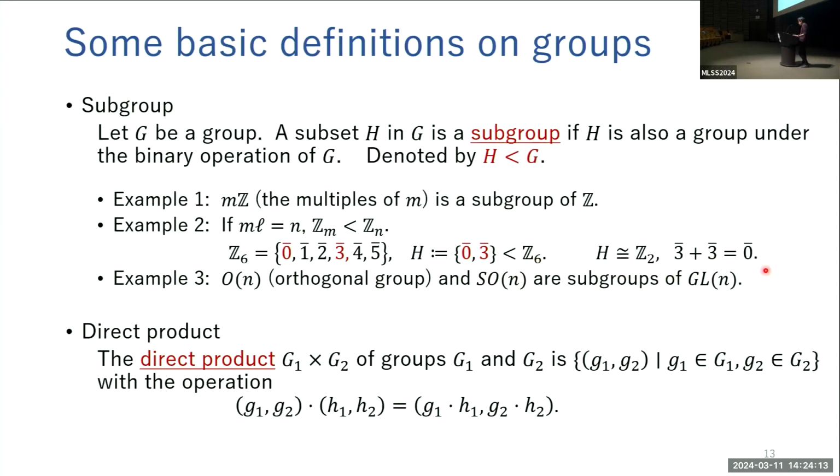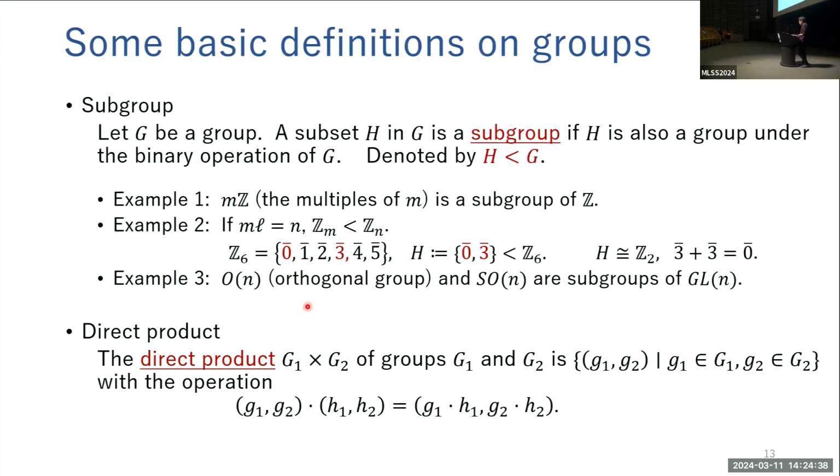By taking modulo 6, we see that 3 plus 3 is 0. So this makes a subgroup of two elements within the group Z sub 6. Okay, this is also a very simple example. And another very important example is the orthogonal group.